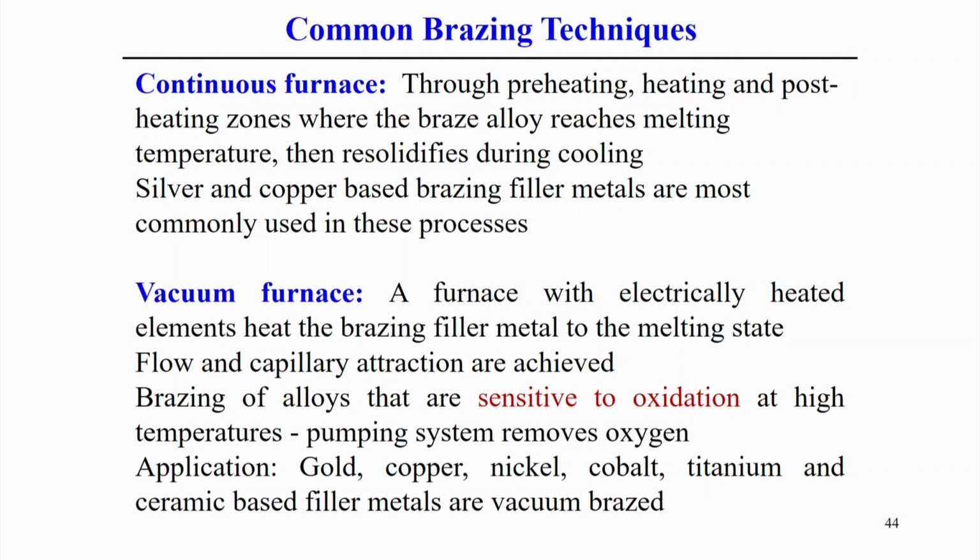Of course, the braze alloy reaches its melting temperature and then solidifies during the process. In this case, silver and copper based brazing filler metals are basically used for most of the assemblies made by this brazing technique.